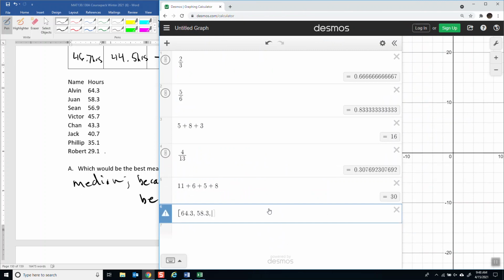So notice I put brackets, not the squiggly brackets, the square brackets. And you can see that Desmos is telling us there's 3 elements in this list. So we're listing all of these data values. I'm putting commas in between, which is what you have to do. I think if you put a space, it doesn't understand what's going on.